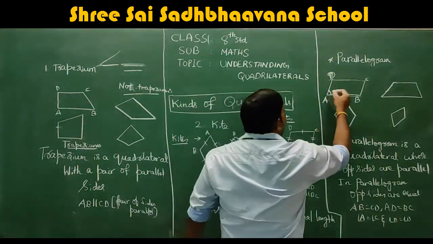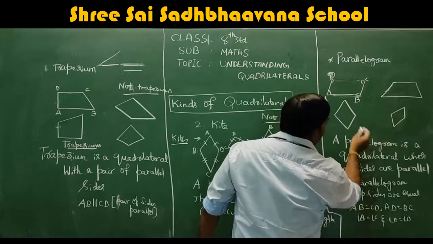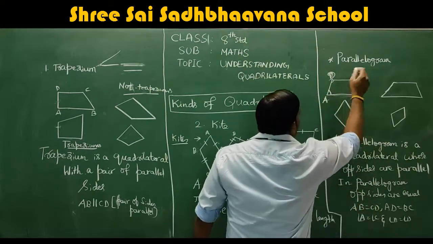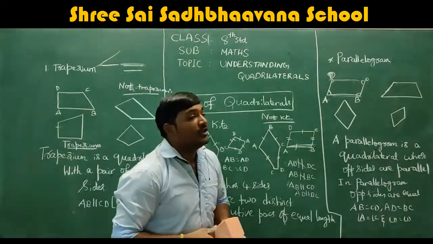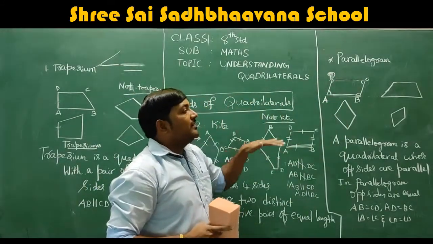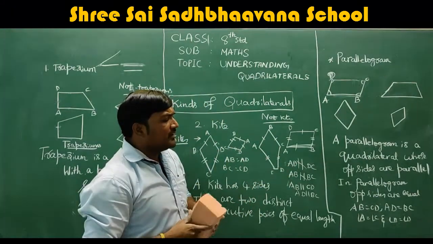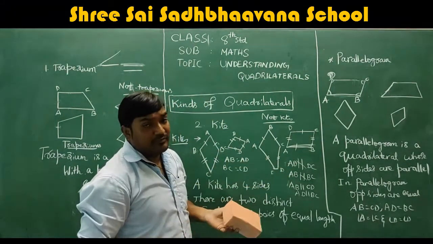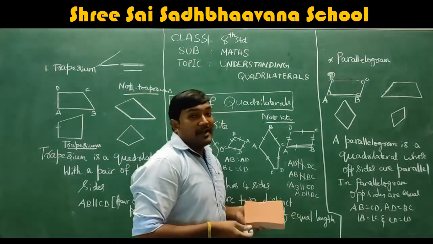And opposite angles: angle A should be equal to angle C, and angle B should be equal to angle D. So if all these properties or conditions are satisfied, then we can say that the given quadrilateral is a parallelogram.